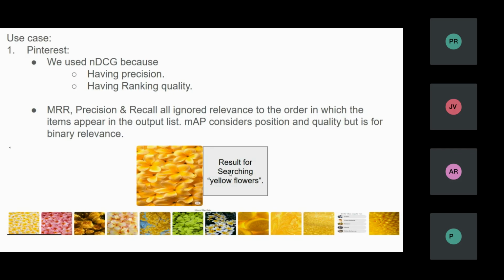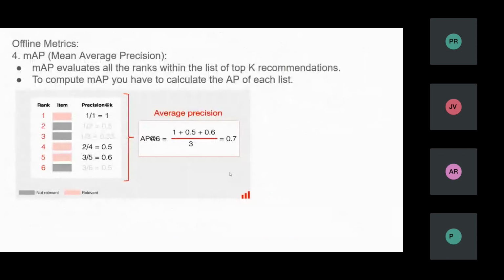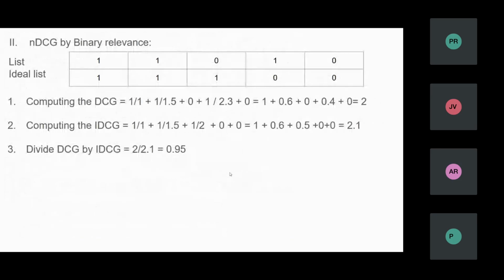As you remember, in mean average precision we are only dealing with binary relevance, so whether the item was relevant or not, and not with similarity scores or graded scores. This was one of the reasons that we didn't use mean average precision in Pinterest's use case.